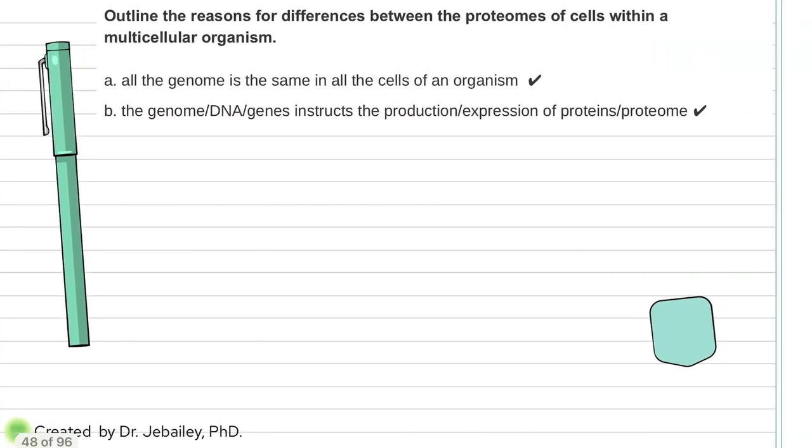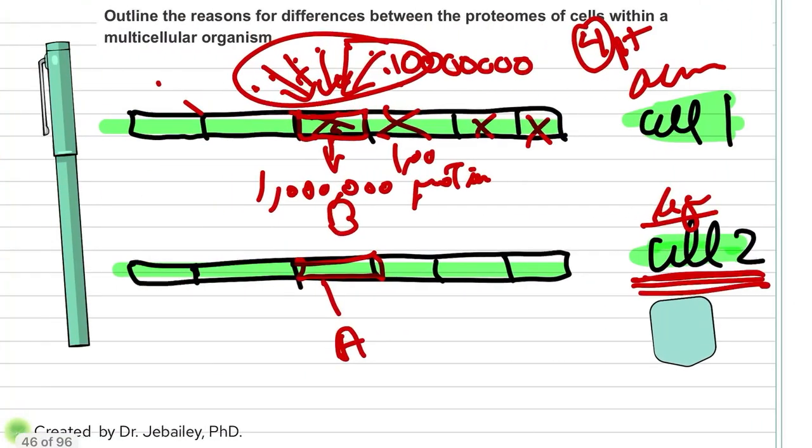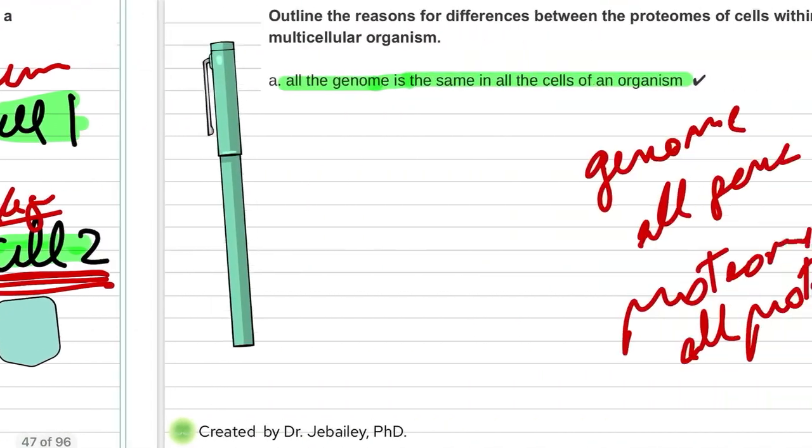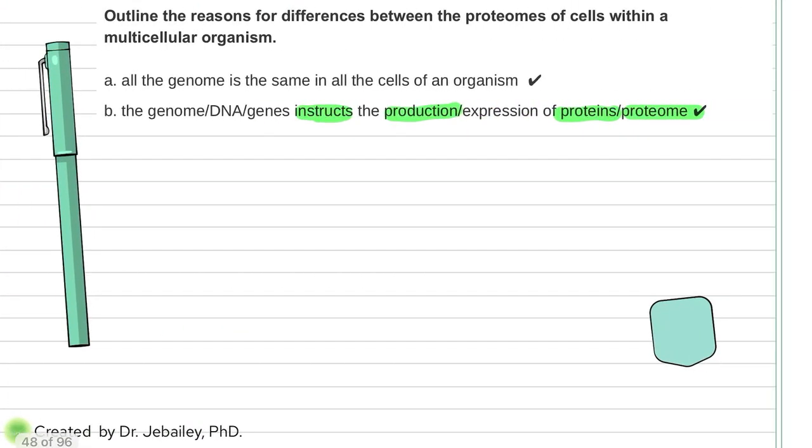The second thing here says the genome or DNA or genes instructs the production of protein or proteome. Like we said in the drawing here, this gene is what is going to make the protein. So who gives the information? It is the genes. You can say genome, DNA, or gene.